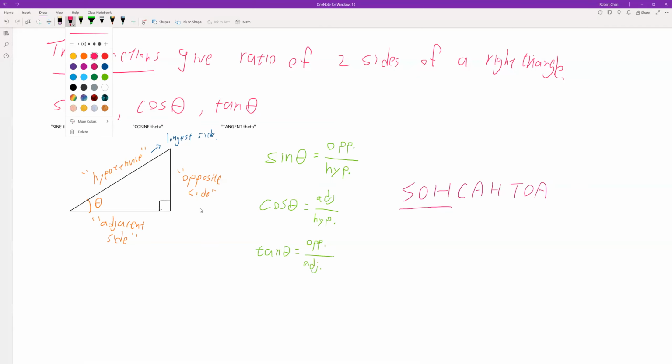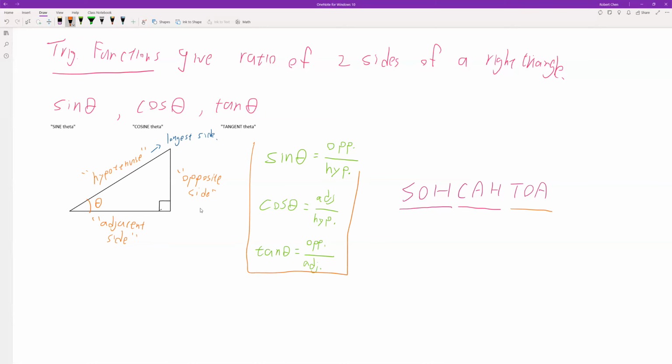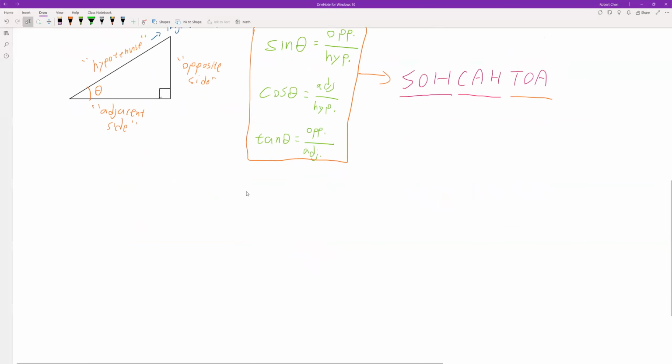And then the second part, CAH, means cosine is equal to adjacent over hypotenuse. And last but not least, the TOA part means tangent is opposite over adjacent. So that corresponds to what we have defined here for sine, cosine, and tangent. Now let's look at a quick example.